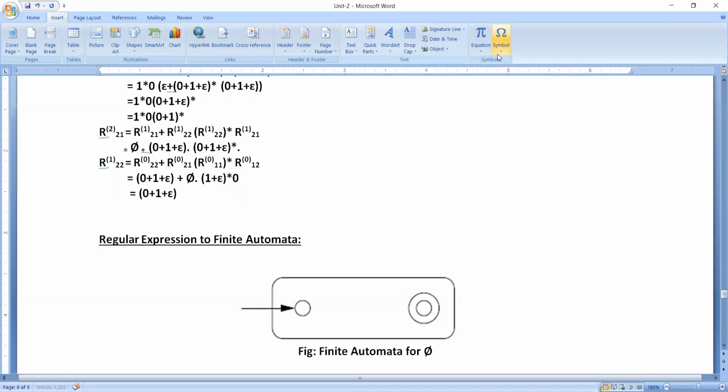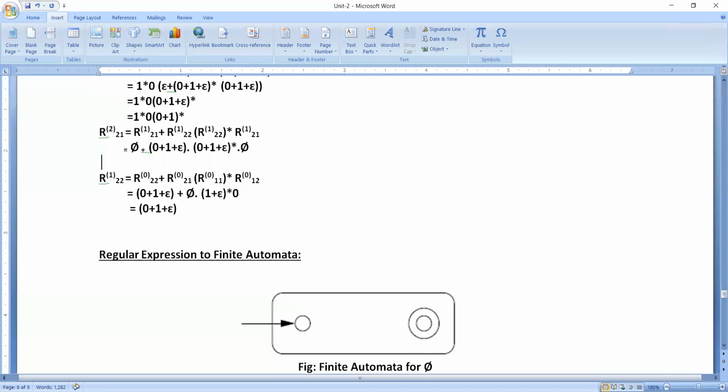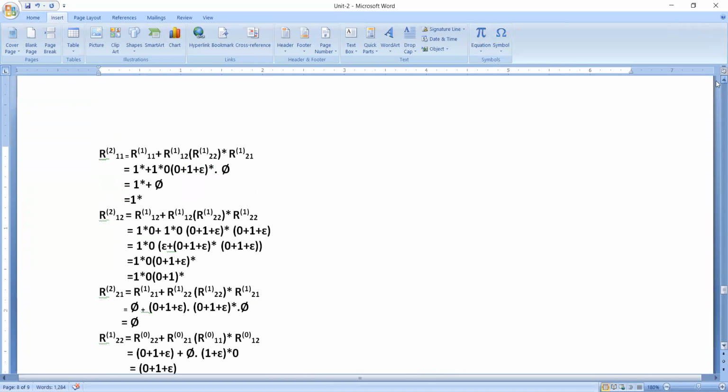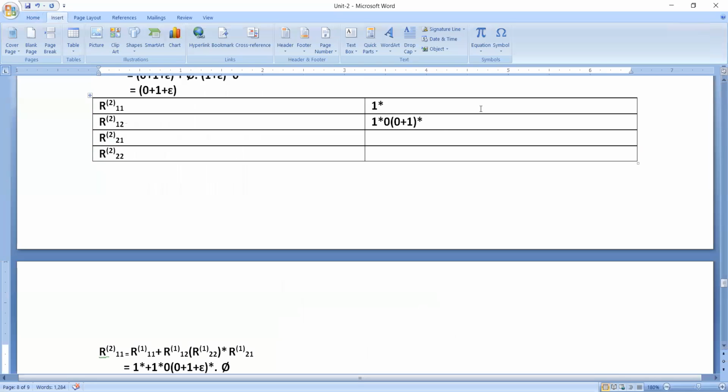Okay, now when you do the union of 5 and everything, the answer which we are going to get will be 5 only. So R power 2 of 2 1 will be 5. So this is the answer which we are going to get for this.